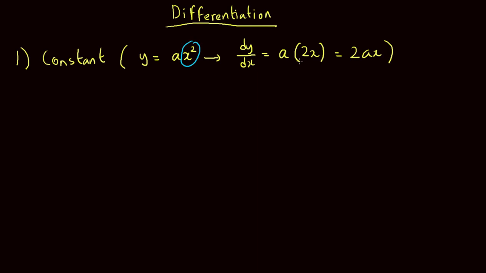Basically the constant itself that's multiplied, or the coefficient that's multiplied to the x, would remain untouched in the differentiation process. The next rule that we're familiar with is the product rule.